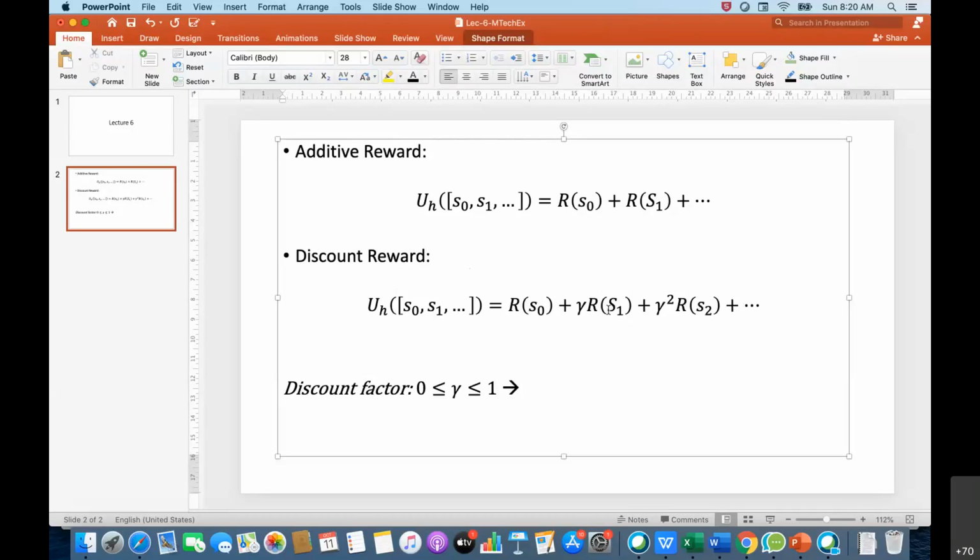If gamma is very close to 0, then the value of gamma square will be small, and it goes on like gamma cube, gamma to the power 4, so the values of that factor are going to be less and less. Therefore, after some terms, for example after R(S3), the rest of the values will become ignorable.